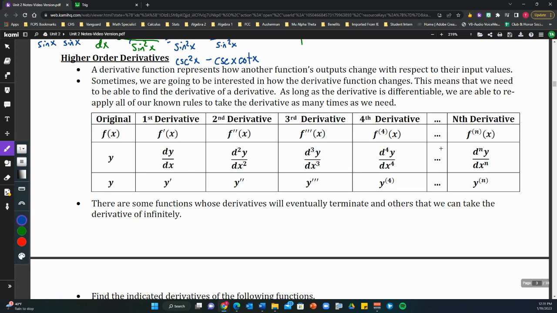If you think about it, we've already looked at different things about the connection between f and f prime's graph. Remember, this tells me how f is increasing or decreasing. That's the job of this first derivative function. Well, we've also talked about whether the original graph is getting steeper or not. When a graph is getting steeper, that is telling you that f prime is actually changing.